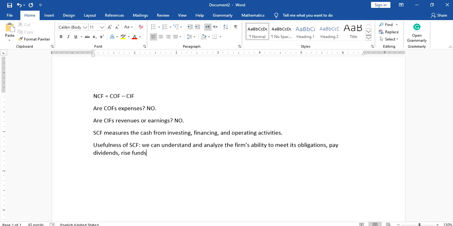So we understand the capability of the company, whether they can pay back the debts, the financial obligations, whether they are capable to pay dividends or raise funds, etc.